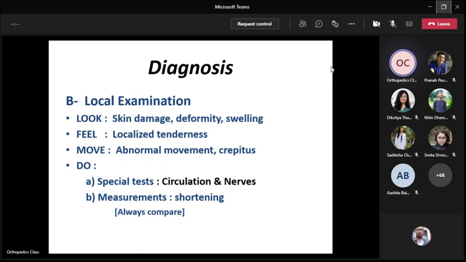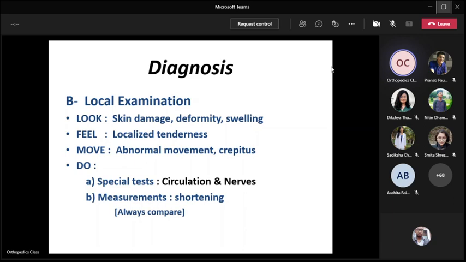And crepitus is the term used for rubbing. It is a sound produced or felt while moving the ends of the bone, some gritty sensation felt by the hand. When the fracture ends are rubbed against each other, that produces that sound, or it is felt by the hand. That is called crepitus.